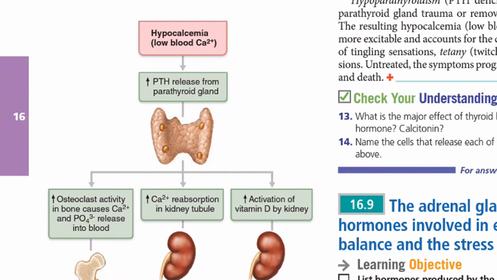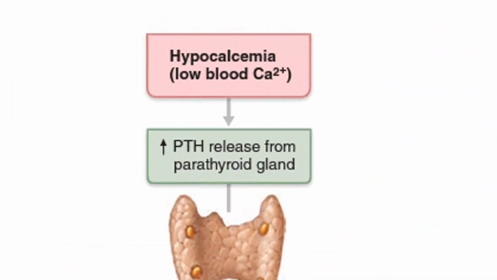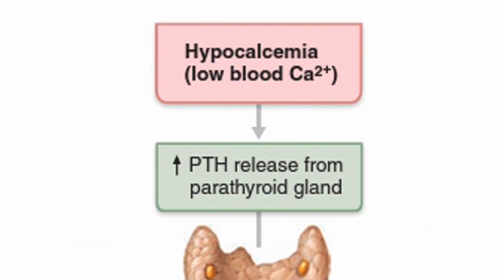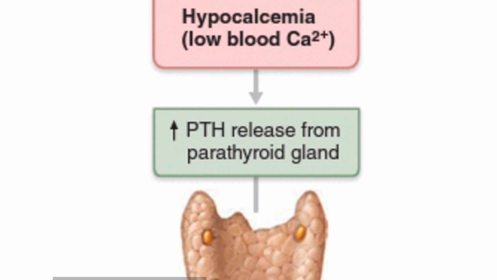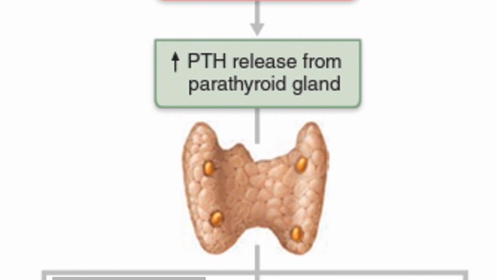Now one more concept map I am showing you. For example, hypocalcemia, low blood Ca2+. In this situation, PTH is released from the parathyroid gland.